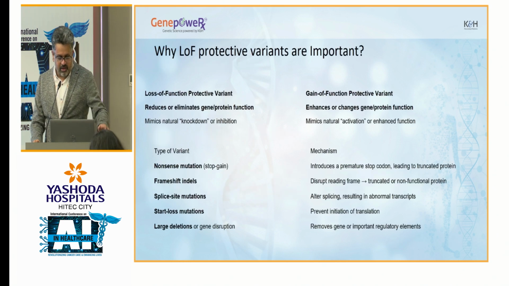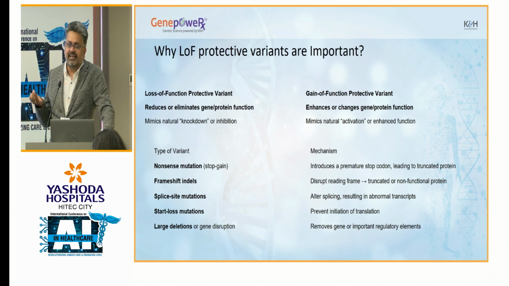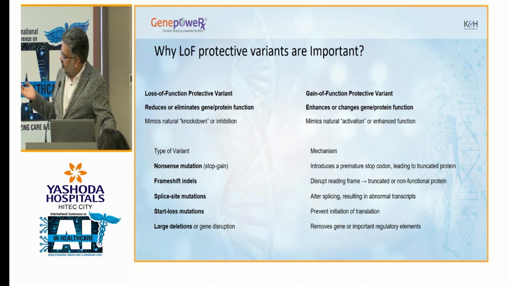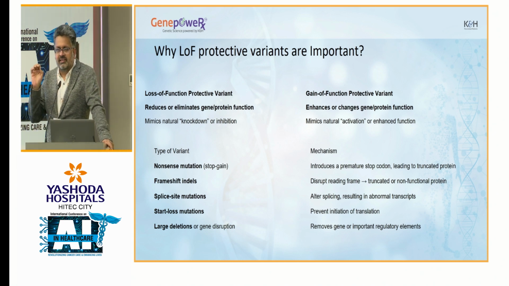Let me explain why loss of function and protective variants are important. Almost every change in the DNA, 90 to 98% of the time, is loss of function. If you look at any genetic or genomics background, all the variants, such as nonsense mutation, frameshift and splice, are technical terms for changes that lead to a protein that will not function.